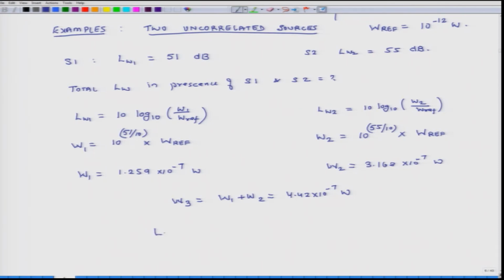So, LW3, which is the total sound power level, is equal to 10 log 10 of W3 by W ref, and if we do the math, we get 56.455 decibels. Okay. So, this is for two uncorrelated sources, and this is for the case when we have powers involved.